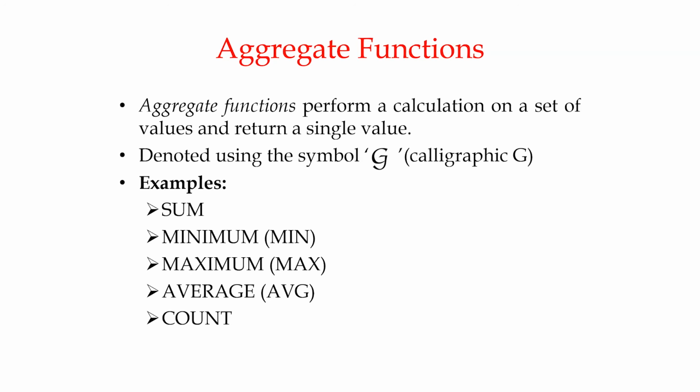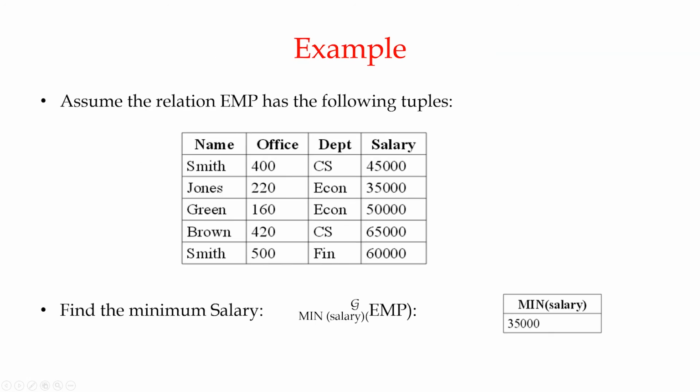We can perform operations like calculating sum, finding minimum value, finding maximum value, and finding the average. So, all these are the operations that we can perform with the aggregate function, and here aggregate functions are denoted by using the symbol calligraphic G. Examples are sum, minimum, maximum, average, and count.